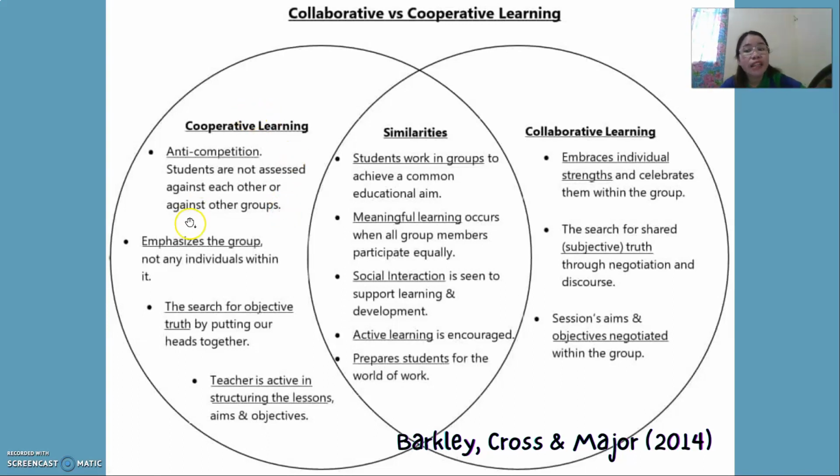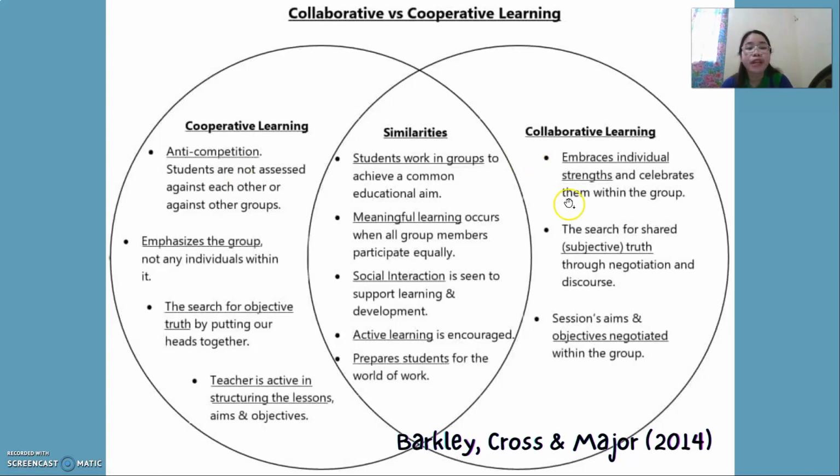And cooperative learning emphasizes the group and not the individual. And they are going to put their heads together in the search for completing the objectives of their task. And the teacher this time is active in structuring the lessons, aims, and objectives.